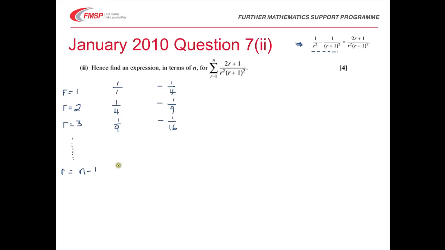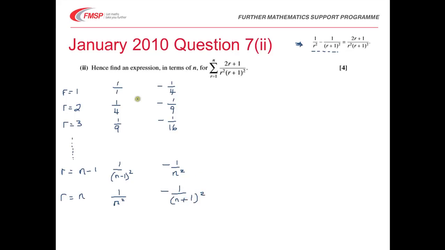So when r equals n minus 1, we'll have 1 over n minus 1 all squared minus 1 over n squared. And then when r equals n, we'll have 1 over n squared minus 1 over n plus 1 all squared.